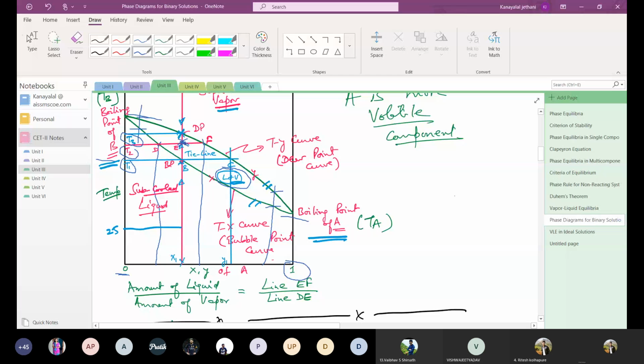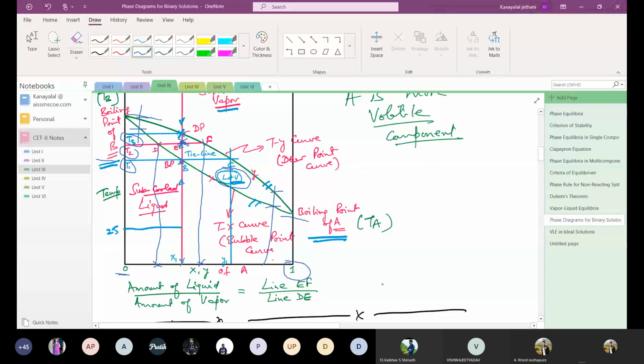It will be a mixture of liquid and vapor, and that is composition of liquid is given by tie line. यहाँ से लिया मैंने, horizontal line draw किया मैंने E से, तो जो Tx का को इंटरसेक्ट करेगा बबल पॉइंट को, दैट विल गिव मी द लिक्विड कंपोजिशन, और Ty कर को जो इंटरसेक्ट करेगा that will give me the vapor composition. So it is mixture of this liquid and this vapor.